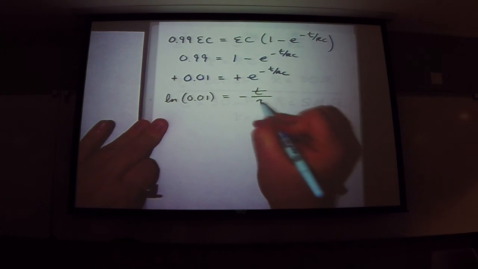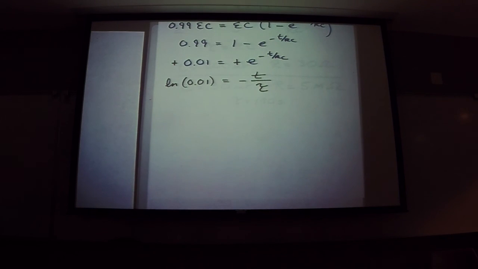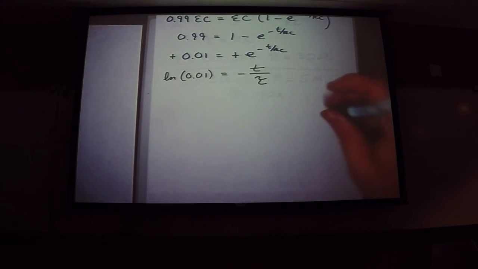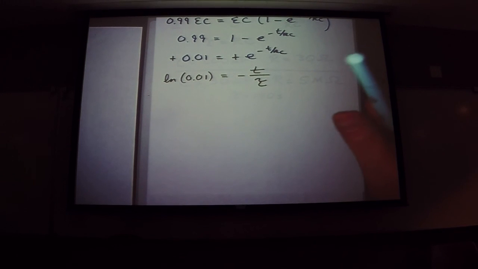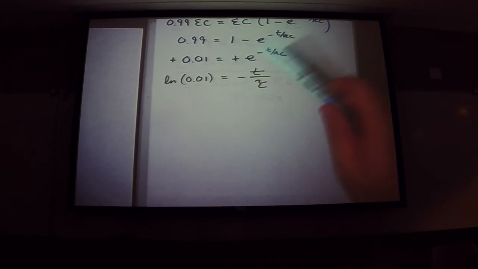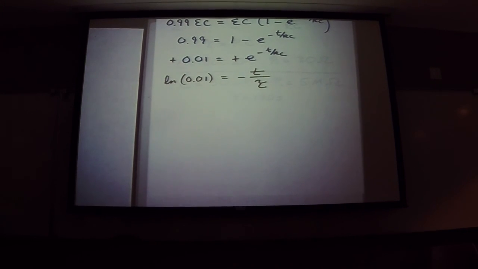And I'll go ahead and put a tau here, because that's our time constant, our time, see? So what's the natural log of 0.01? Negative 4.61, okay.